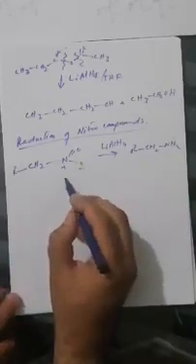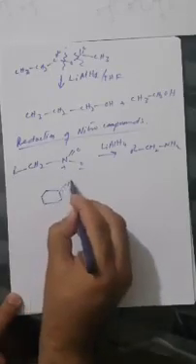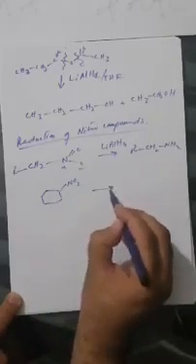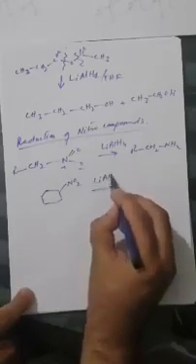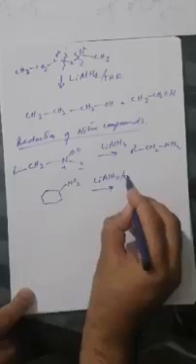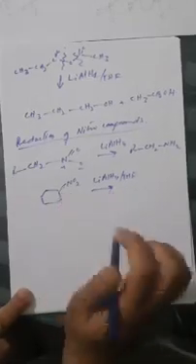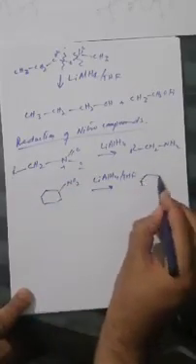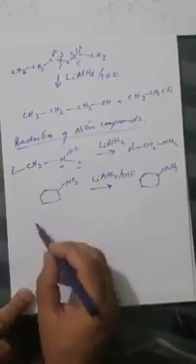Let's take a typical example: nitrocyclohexane. Upon reaction with lithium aluminum hydride in THF, how would they react? Simply the nitro compound would change into an amine, so cyclohexylamine would be produced.